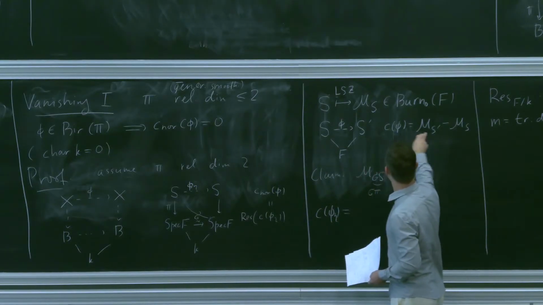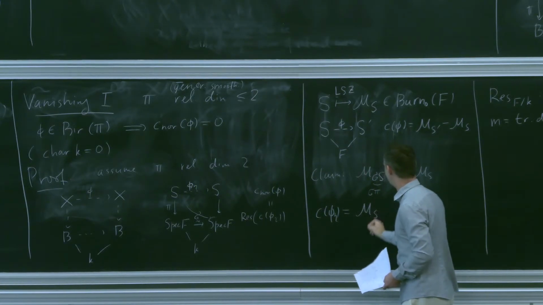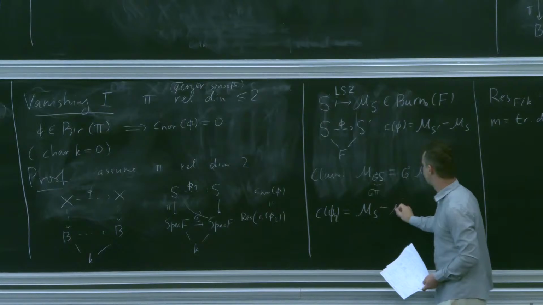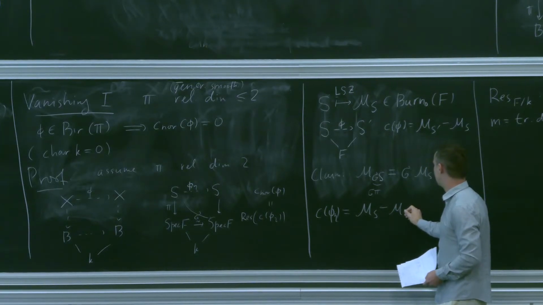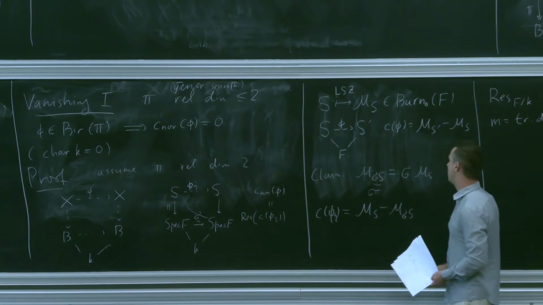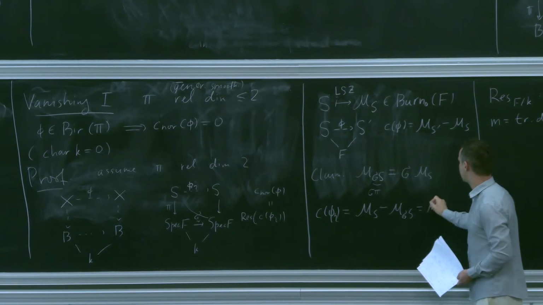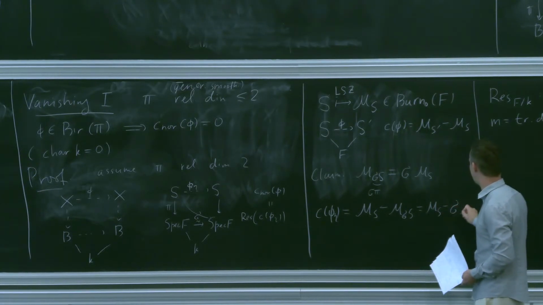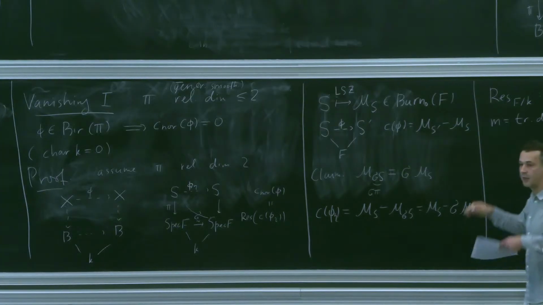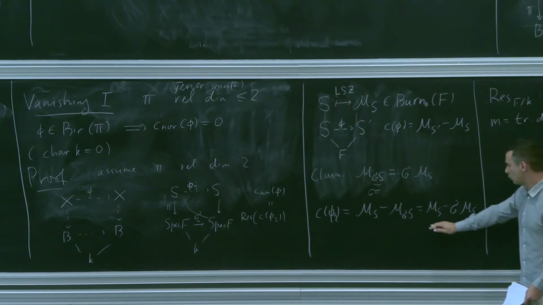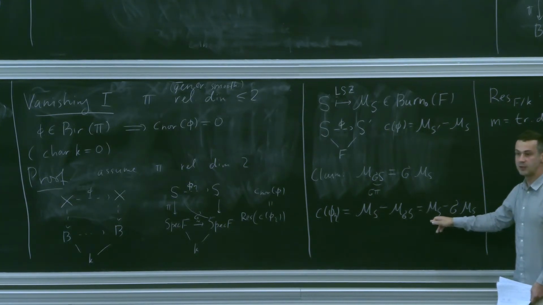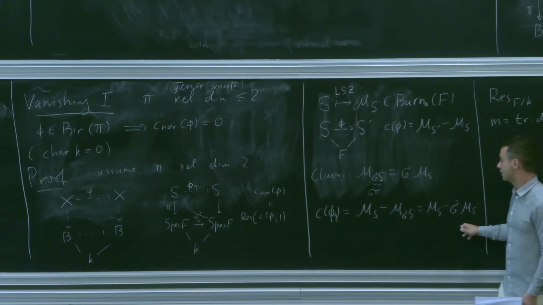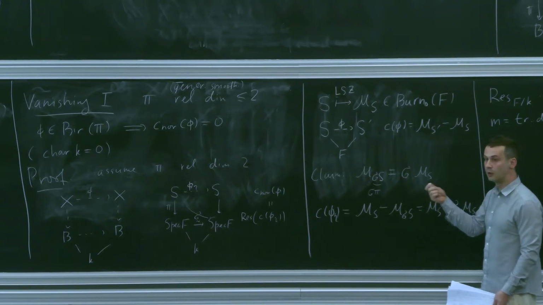So I'm using this claim. I'm writing the target class minus the class of the source, which is sigma S. Right? And by this formula, it's M minus sigma M of S. But now I restrict the scalars. So it doesn't look like zero. At this point, it doesn't have to be zero, because they were different surfaces over the field.